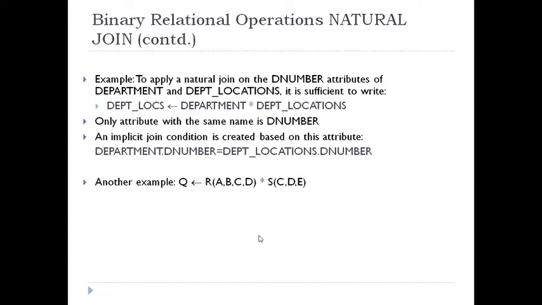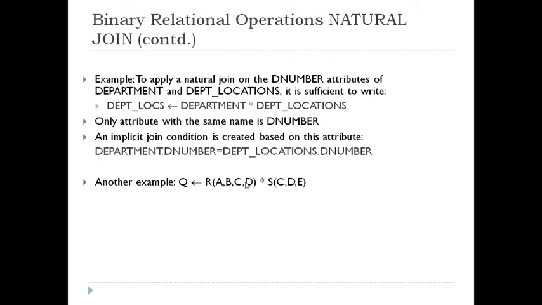Now if you see this example, here R and S have two attributes with the same name, C and D. In both the relations I have C and D. Now, how will natural join work?